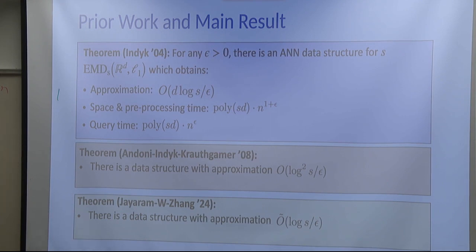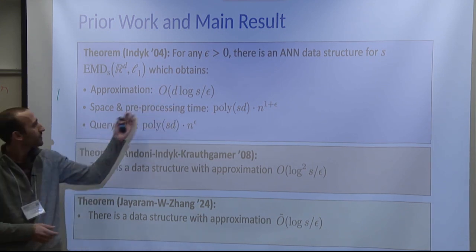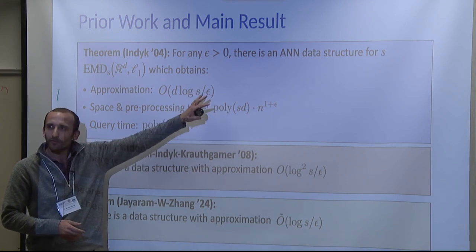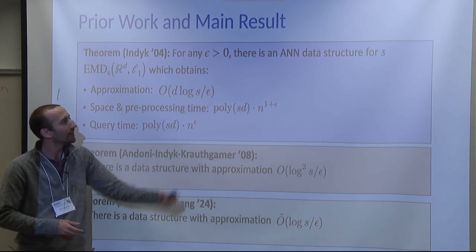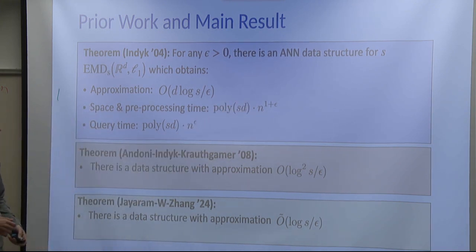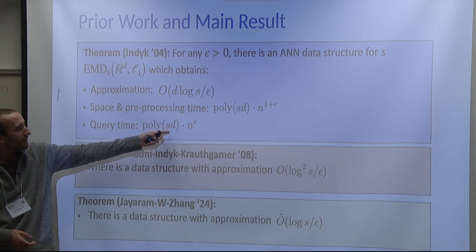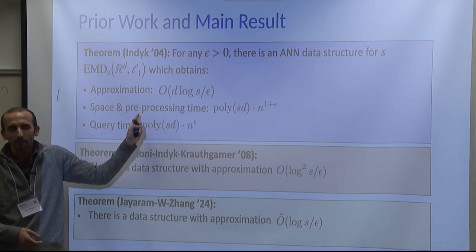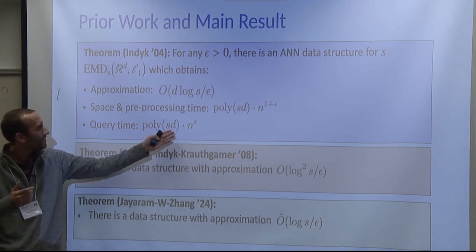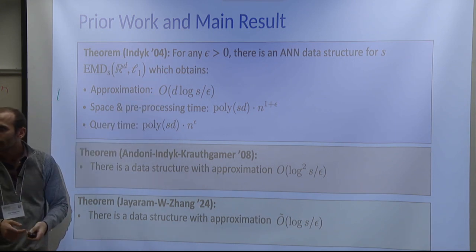Back in 2004, Piotr Indyk gave a data structure such that for any epsilon, you can solve this problem with approximation d log s over epsilon, with space and preprocessing time essentially polynomial in the representation of the point, which is s times d, times n to the 1 plus epsilon, so minor polynomial overhead in the space and preprocessing time, but very fast query time. The query time essentially looks at each point n to the epsilon many times. So for epsilon being 0.1, this is very highly sublinear, but getting approximation d log s.